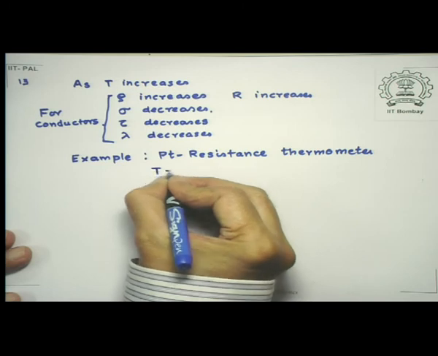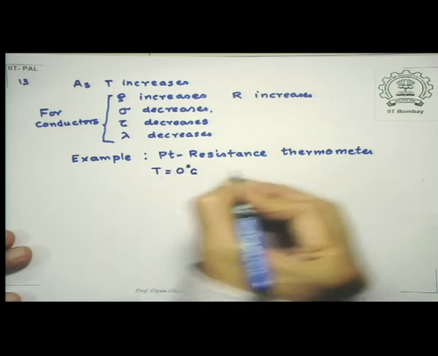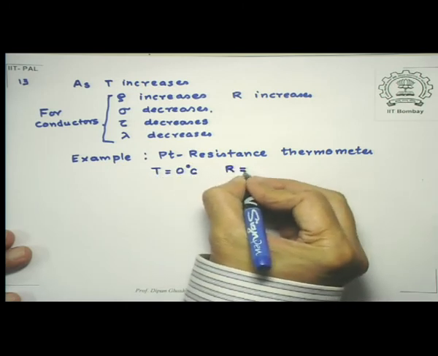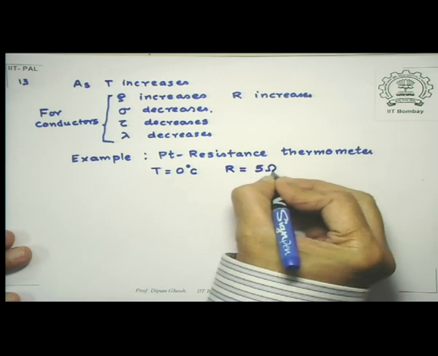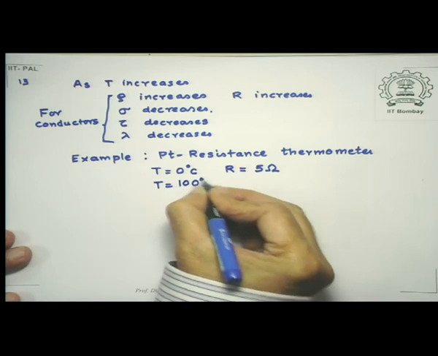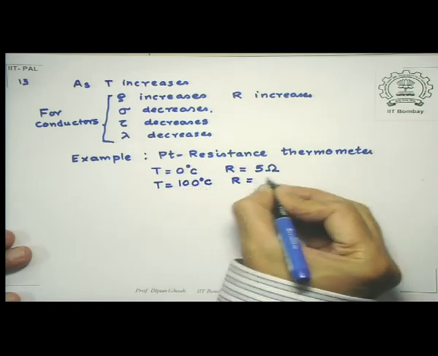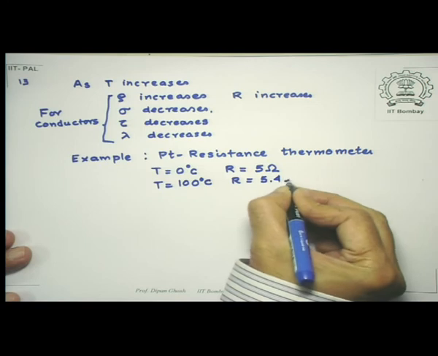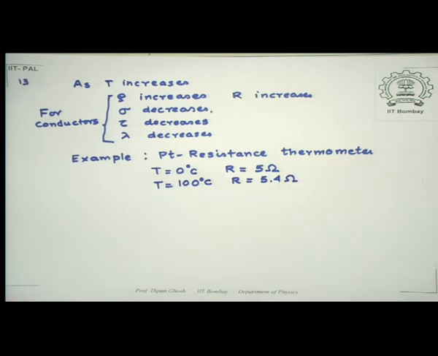At T equal to 0 degrees centigrade, the resistance R of the sample is 5 ohms, and at T equal to 100 degrees centigrade, resistance is 5.4 ohms. This is the property, the calibrated values.